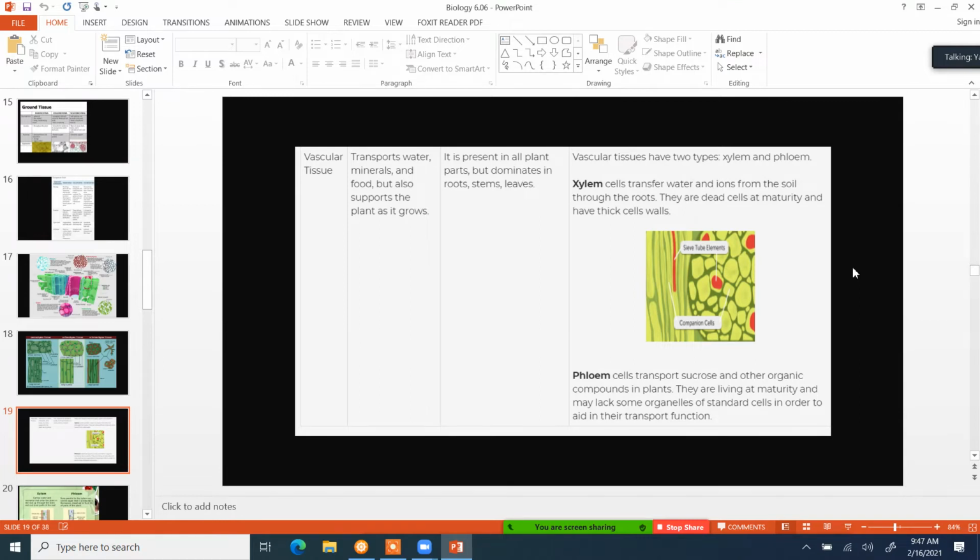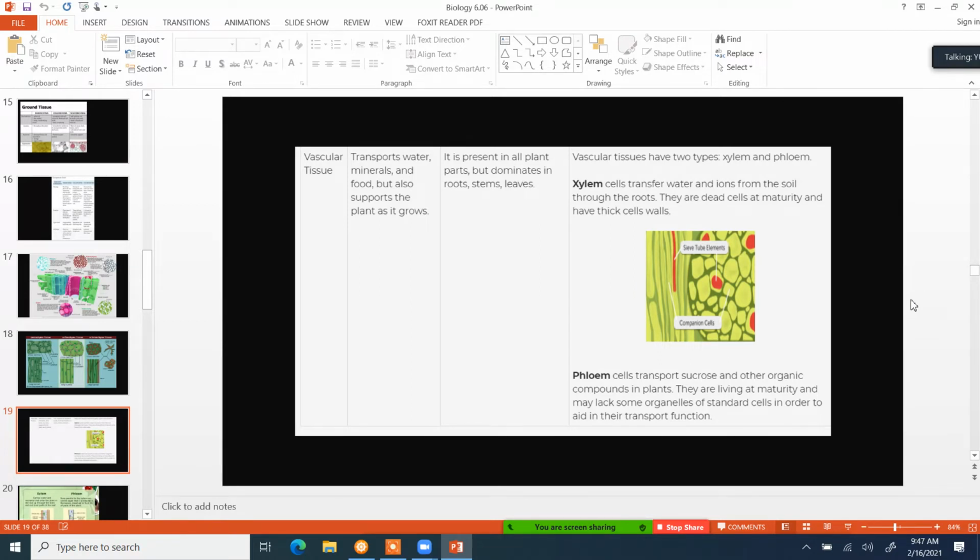For example, water and nutrients have gone up to the leaves, and the leaves are doing photosynthesis, making glucose and turning things into sucrose and other things. Once that's made, it has to come back down to feed the rest of the plant. So the phloem brings all that back down so that the whole plant can get food.